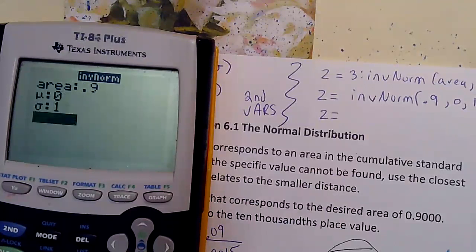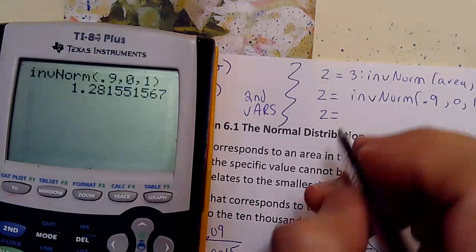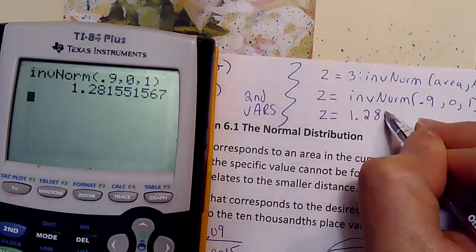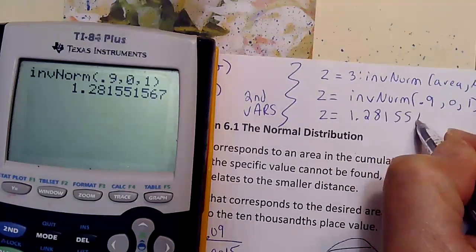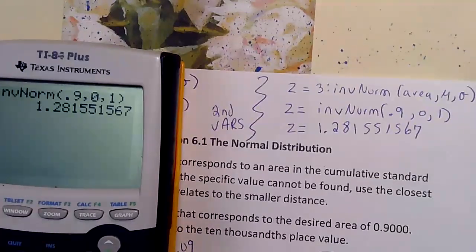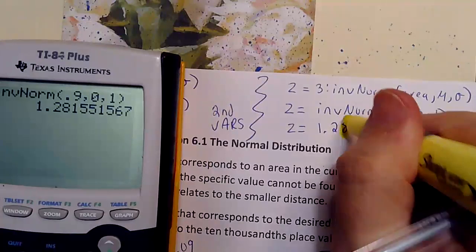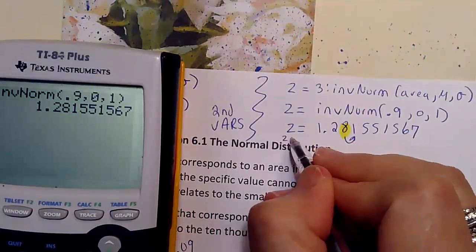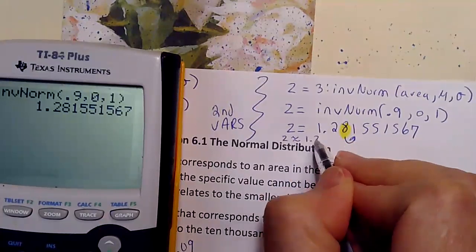Okay, it's already there. And then you round to the nearest hundredths. You look at the right, is that 5 or more? Nope, it's a 1. So z is about 1.28.